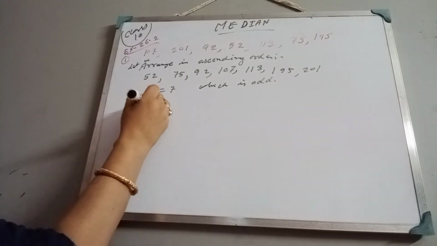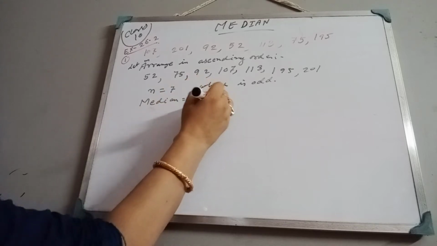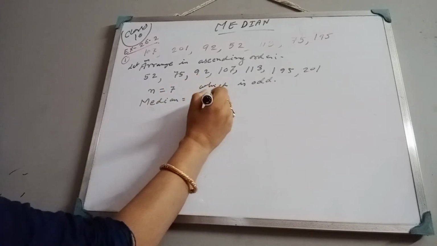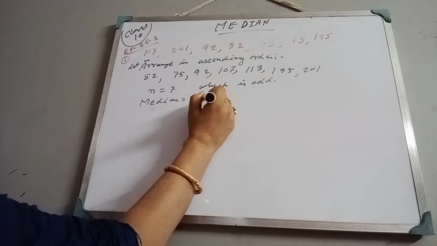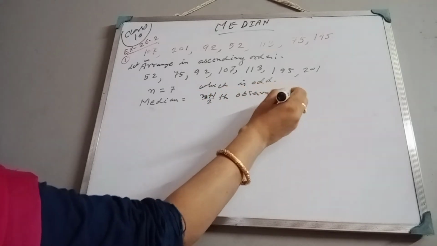Median equals, we know, the (n plus 1) by 2th observation.